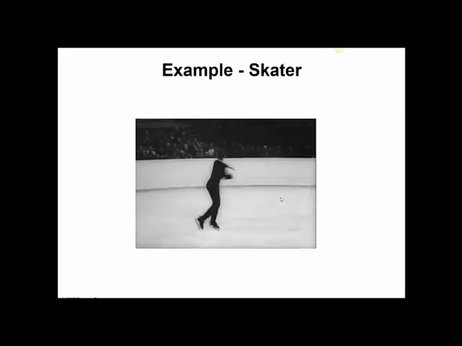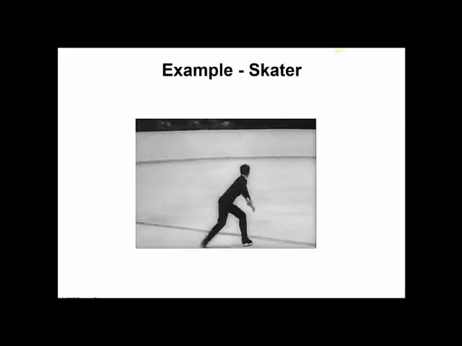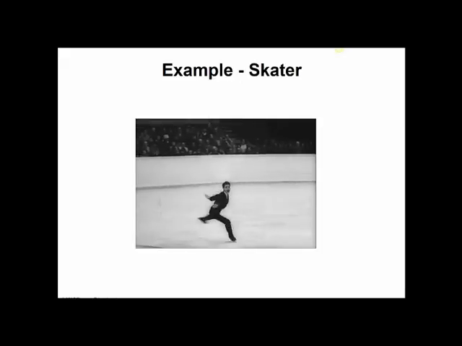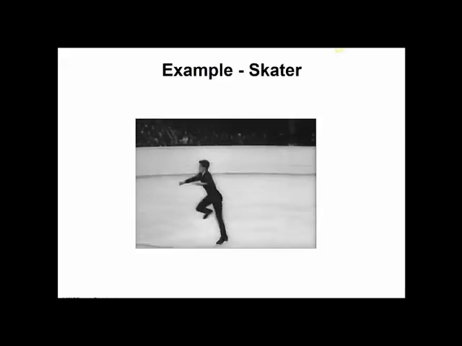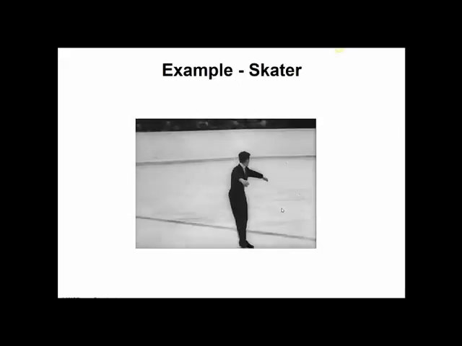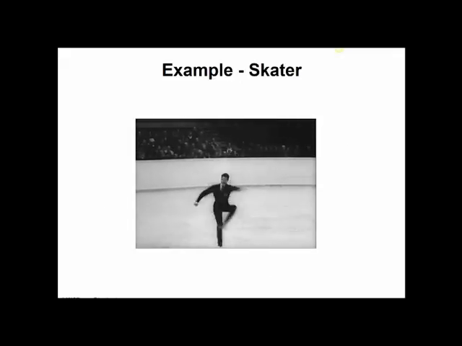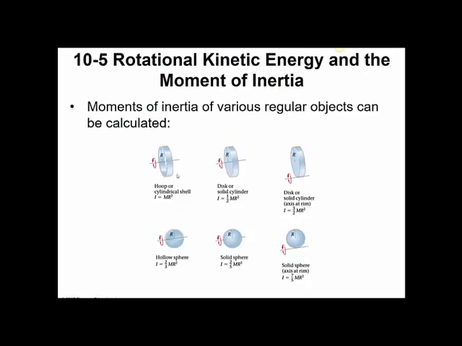He has a large inertia, a resistance to rotating, and he doesn't rotate as fast. But when he pulls his arms in, the rotational inertia decreases, which makes it easier to rotate, so he rotates faster.